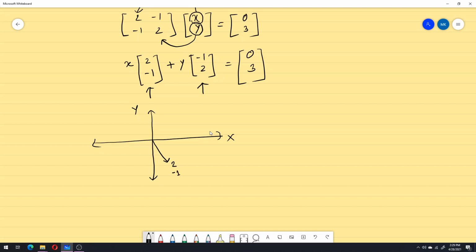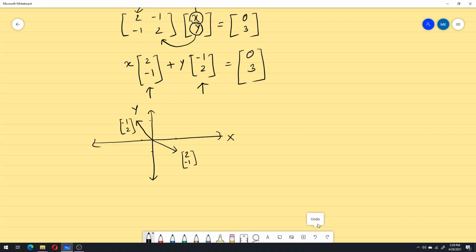This might not be accurate, so let's do it more accurately. Let's say this is 2, this is -1. So this is your first vector, which is 2 and -1, and this is your second vector, which is -1 and 2.